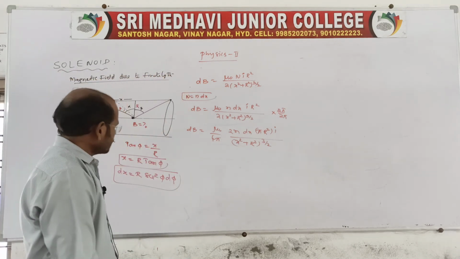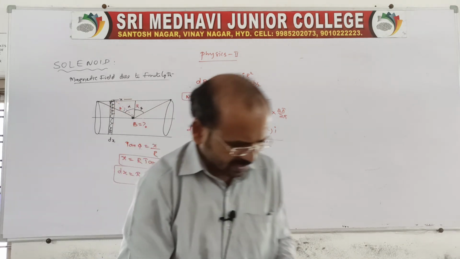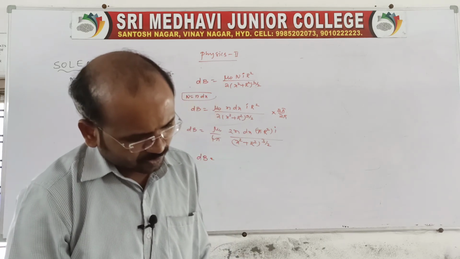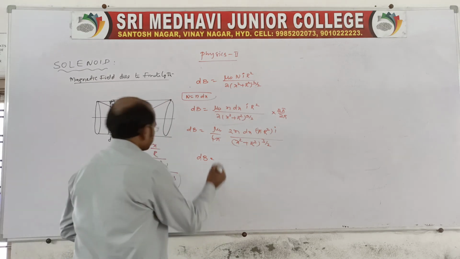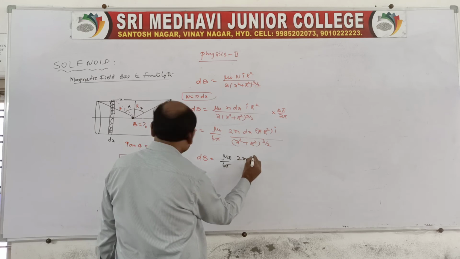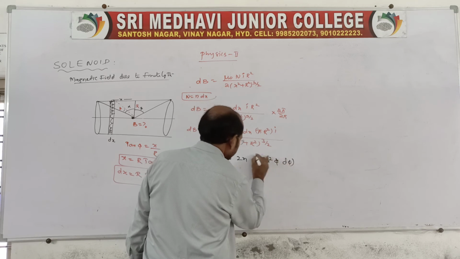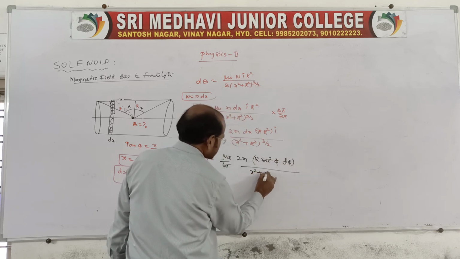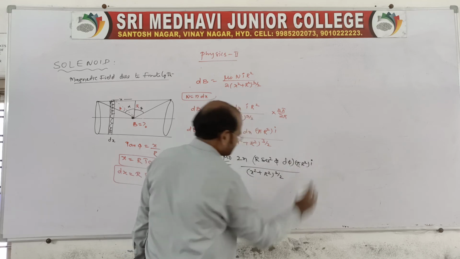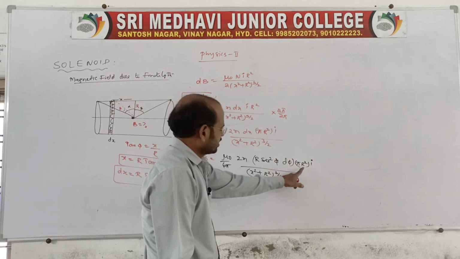Now we know this dx, here you write dB. Keep capital R only, like that you write. So dB is equal to mu naught by 4 pi into 2n into dx, that is R secant square phi d phi, by x square plus R square whole power 3 by 2, into pi into capital R square into I. So here we'll get R cube.